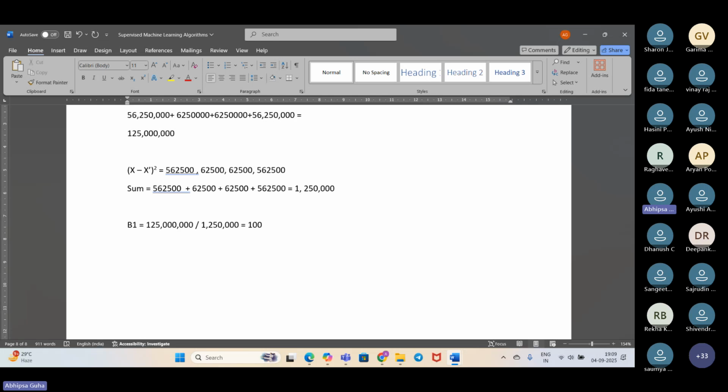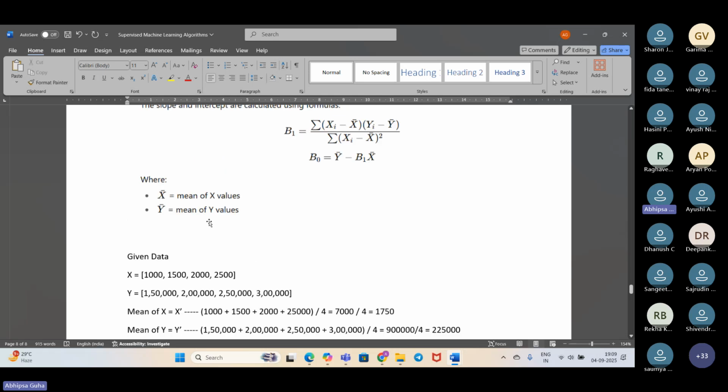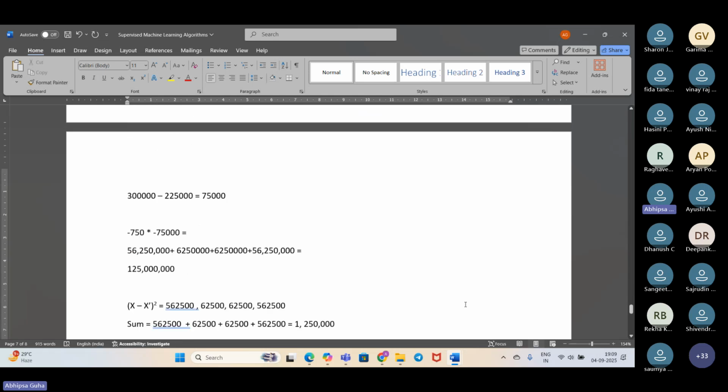Now we need to compute the B0 value, right? So B0, what it is? Y mean minus B1 into X mean, right? So we already know the values of X mean and Y mean, which we have calculated as 1750 and 225000, right?